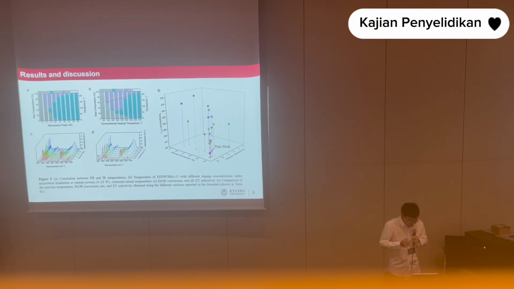As you can see, at the beginning, with low power and low temperature, the main gas is still ethanol, and some is ether. There is less ethylene. After the power and temperature increase, at around 60 watt, the gas product is almost all ethylene.